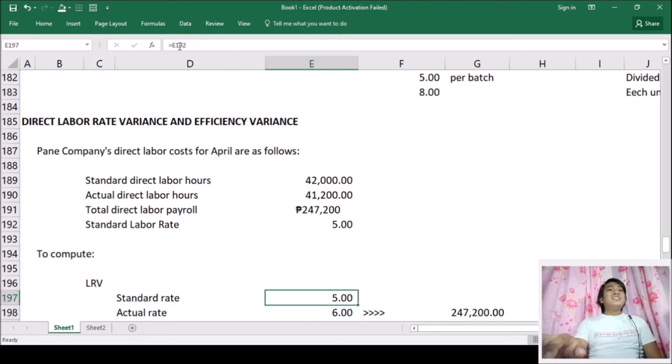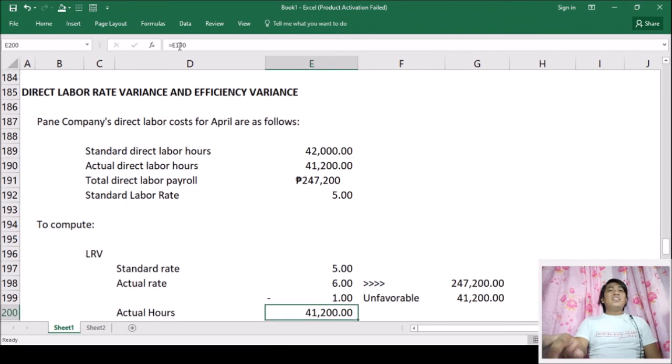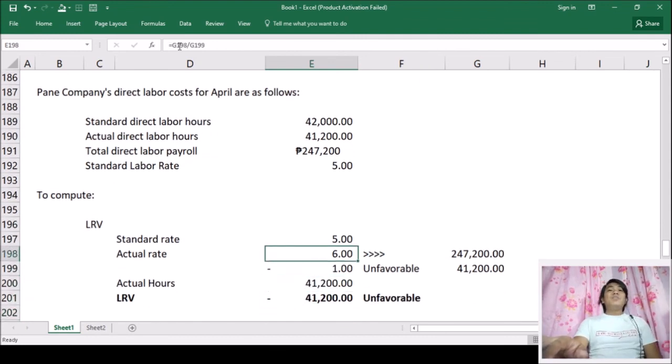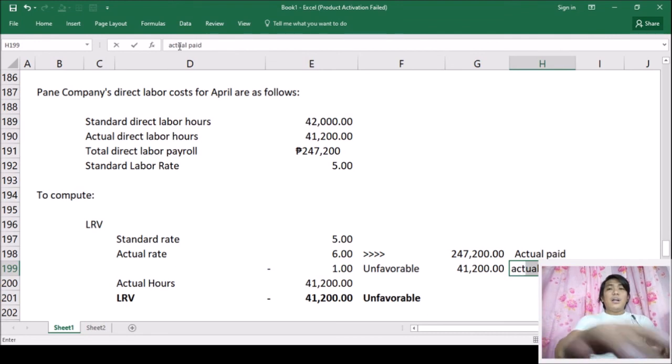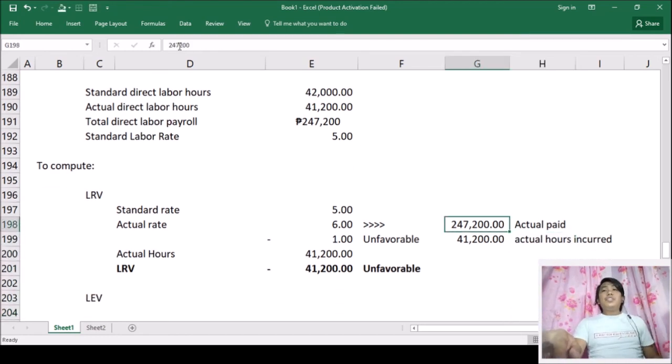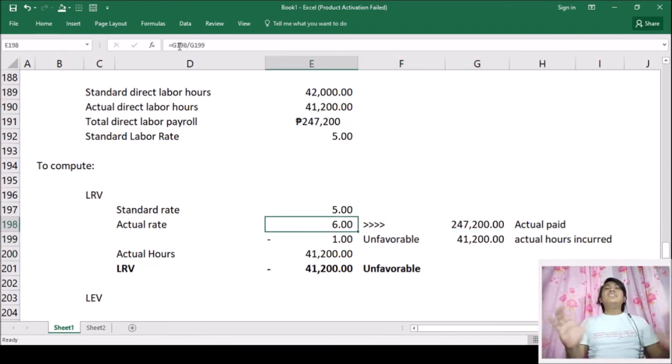In this case, the standard rate is 5 and the actual rate we still need to compute, which is 247,200 in the payroll, divided by 41,200, the actual hours incurred. Okay, so we divide 247,200 by 41,200, that is 6 pesos. That's the actual rate.